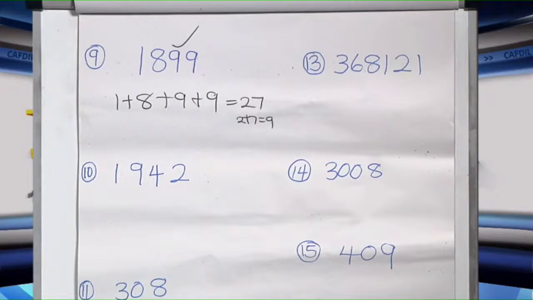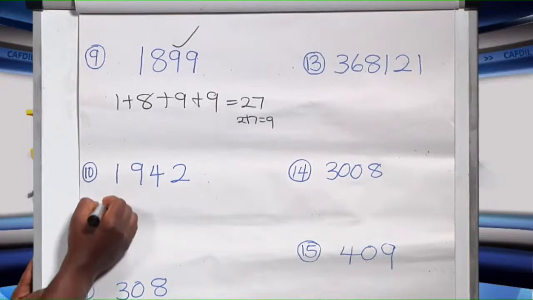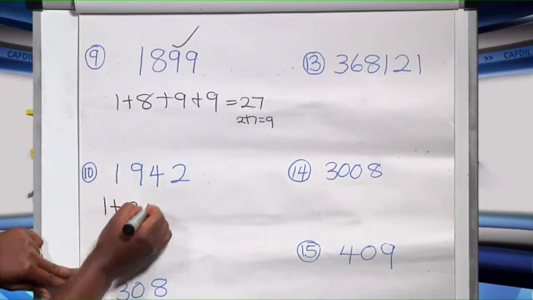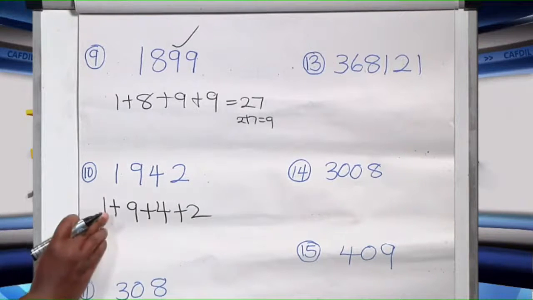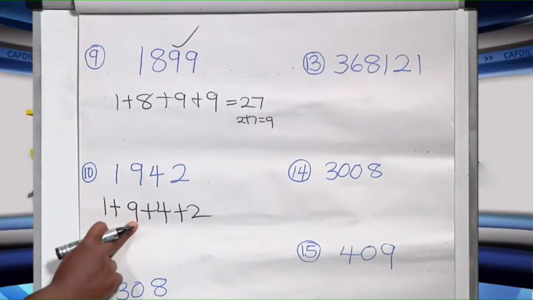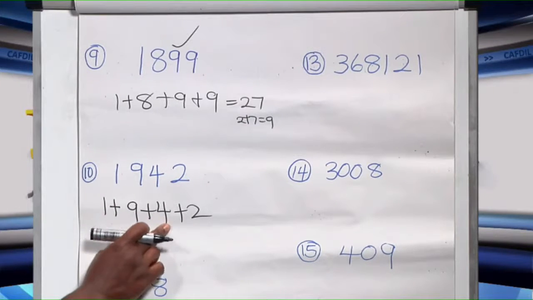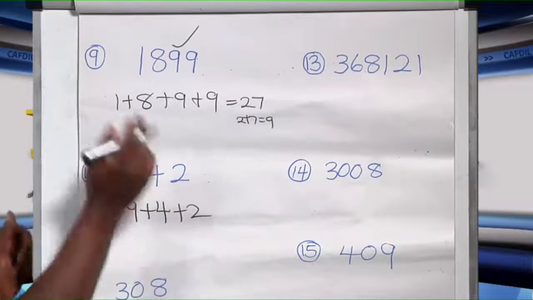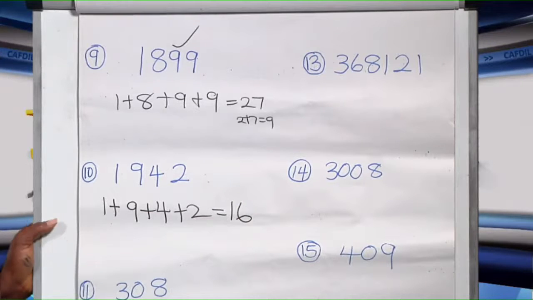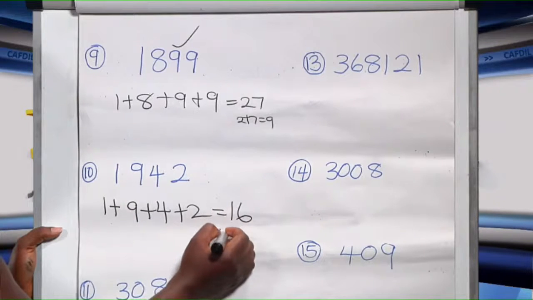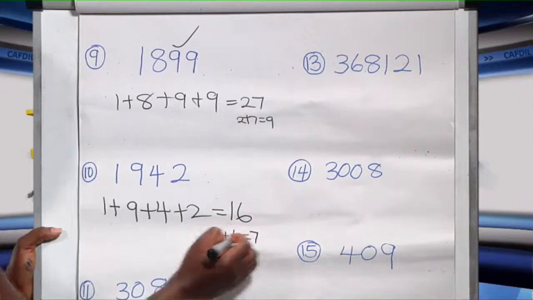I have 1942. Is it divisible by 3? Let's add 1 plus 9 plus 4 plus 2. 1 plus 9 is 10. 10 plus 4 is 14. 14 plus 2 will give us 16. Still, if you can't determine it, let's add the two digits. 1 plus 6 is 7.